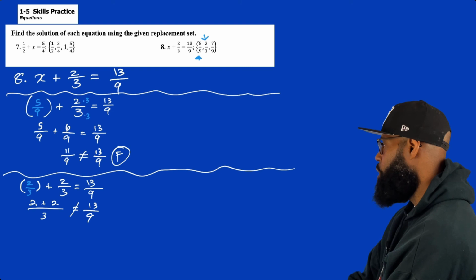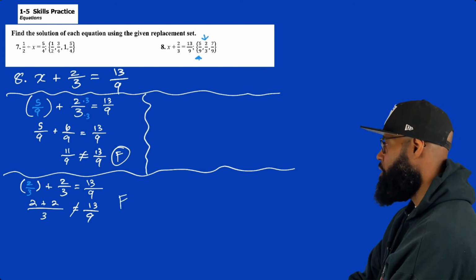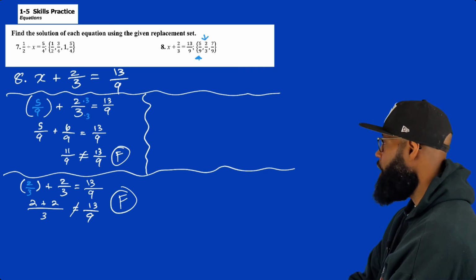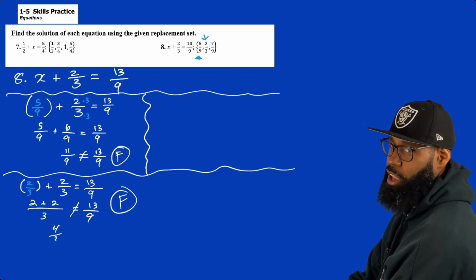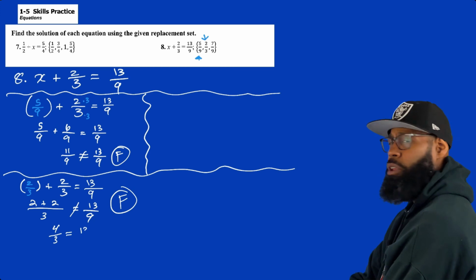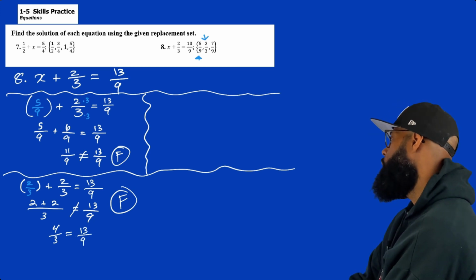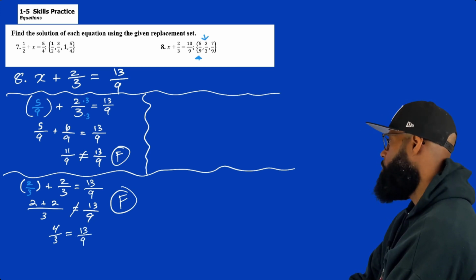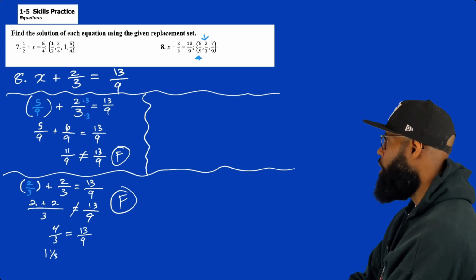And that will be 4 divided by 3, or 4/3. So 4/3 does not equal 13 ninths, guys. And last one, so I hope I get a true statement here, right? Otherwise, it's like, what are you guys doing to me? Checking my ability? I believe you are. So here we go. And last one, we still have x.